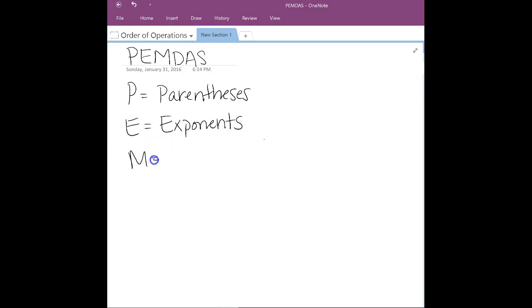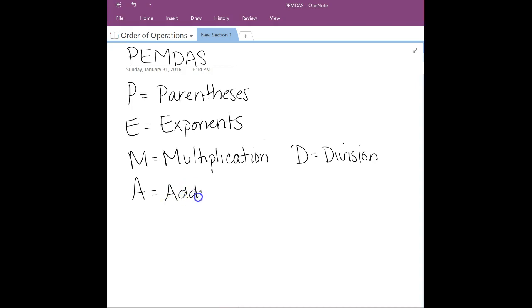M is for multiplication. D is for division. A is for addition. And S is for subtraction.